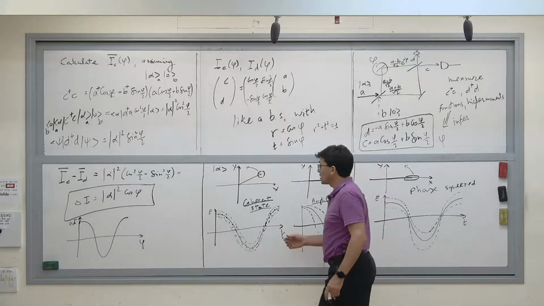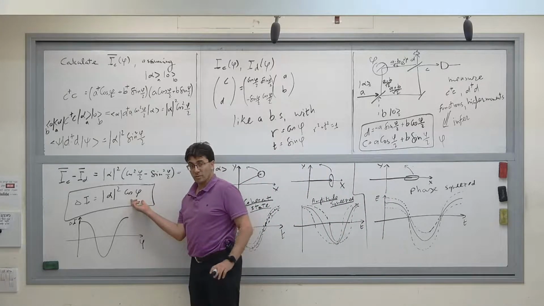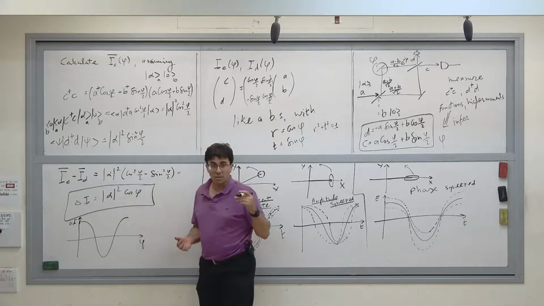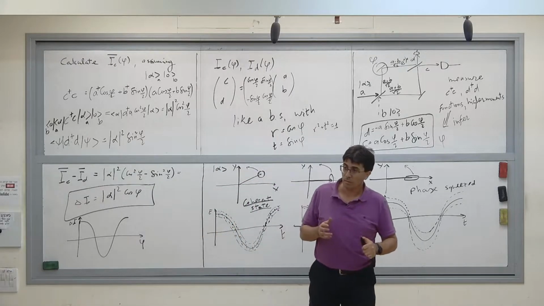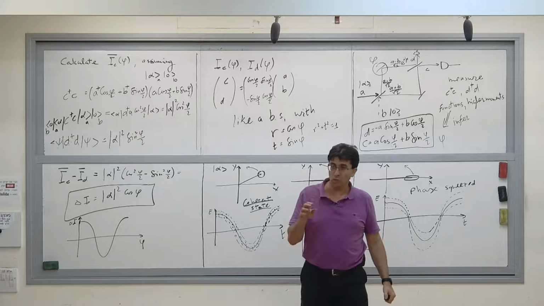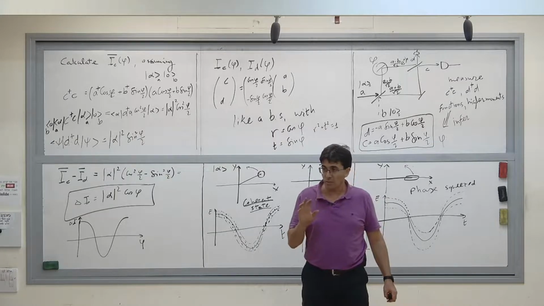Now remember, this phase phi is not the field phase. It's not the phase of the field. This is the phase of the interferometer. This is just the length difference between the two arms. And just to make sure that you're not confused, this length is not an operator.